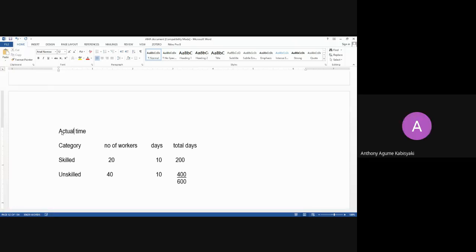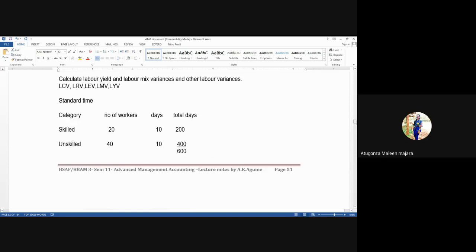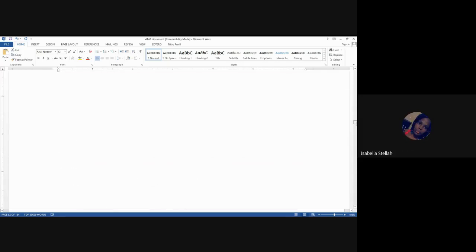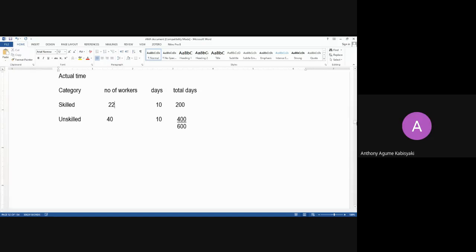What is the skilled number of workers for actual? 22. Then unskilled, how many? 38. And the actual days is 12, and here it is also 12.